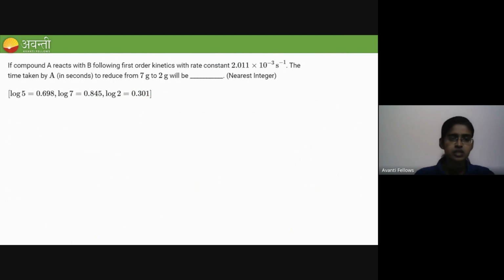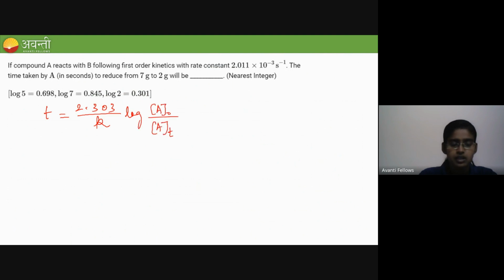So we will try to find out the answer. We'll take the rate constant relation again: t = (2.303/k) into log of A naught by A t, which is equal to 2.303 by k, where k is 2.011 into 10 to the power minus 3, into log of initially 7 and after some time 2.